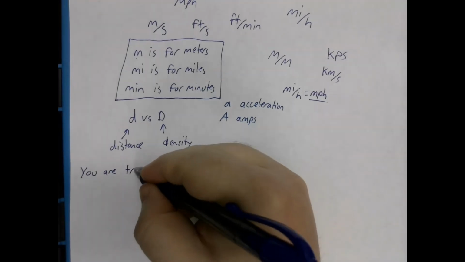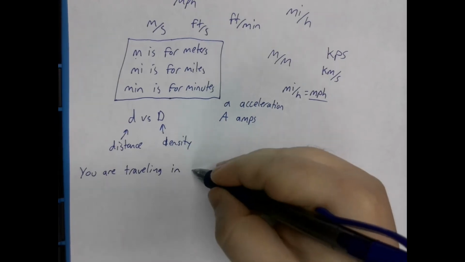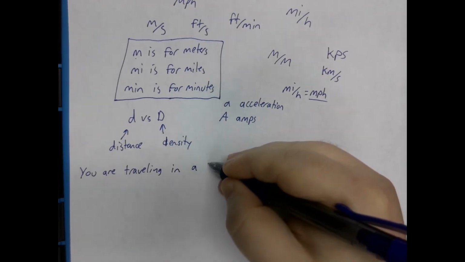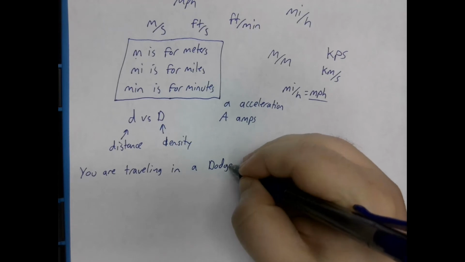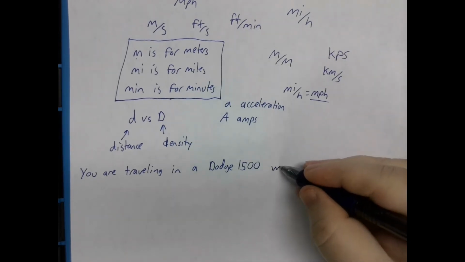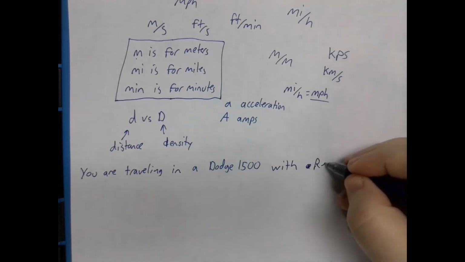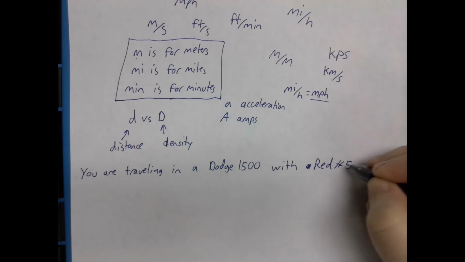You are traveling in a Dodge 1500 with red number 5 stripes.